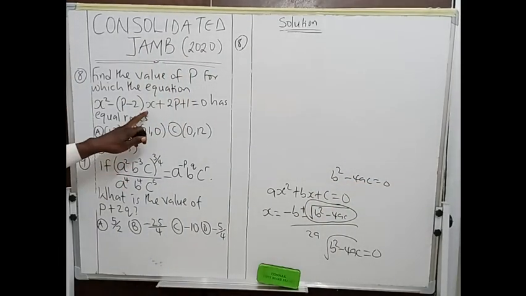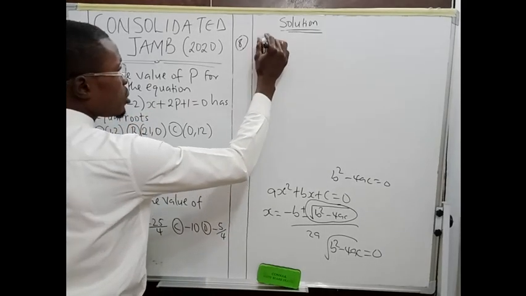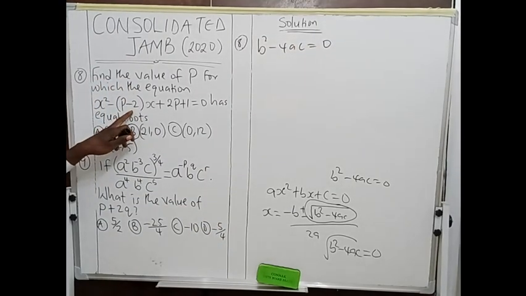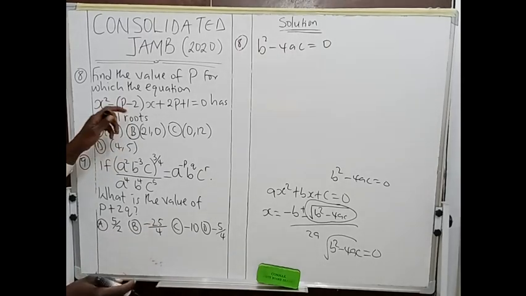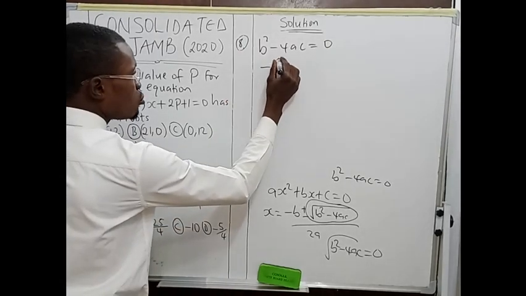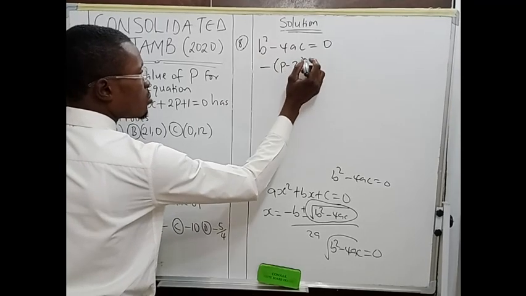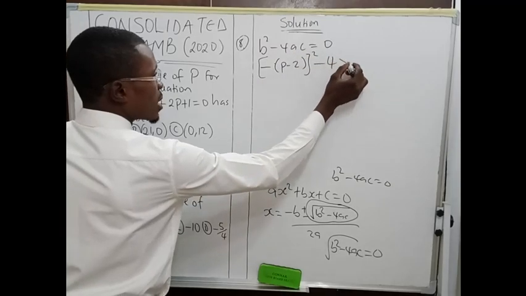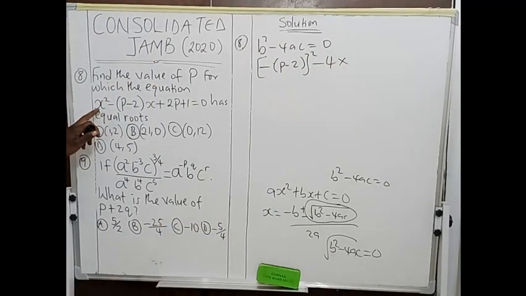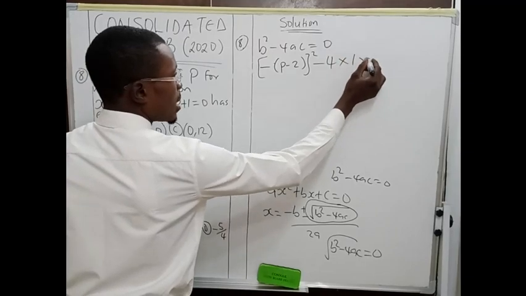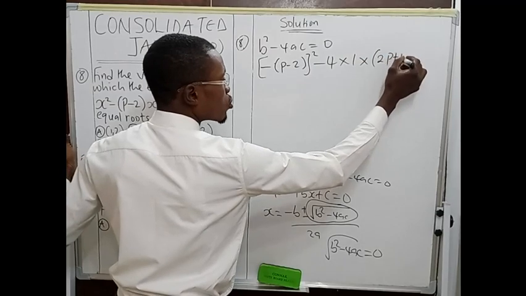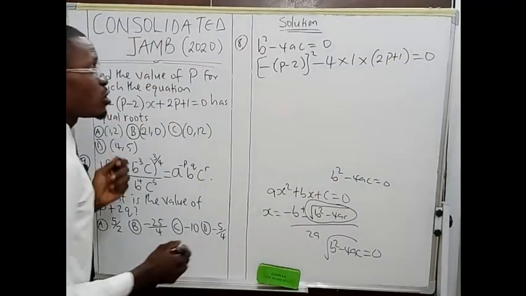Our b is the coefficient of the middle term, which is minus into p minus 2, squared, minus 4 times a. a is the coefficient of the first term, which is 1, times c, the constant term, which is 2p plus 1. So when this equals 0, then the roots will be equal.